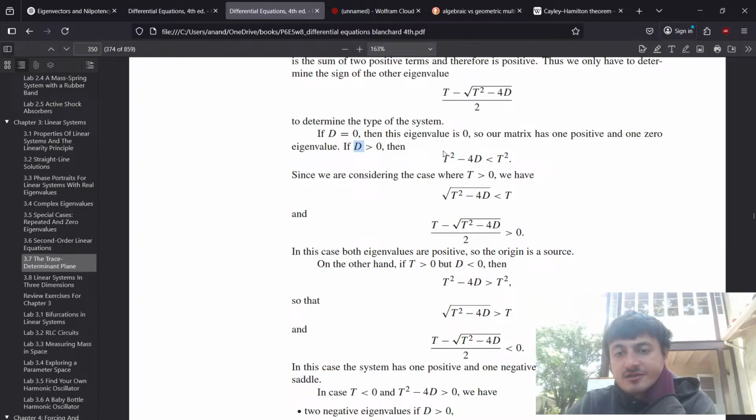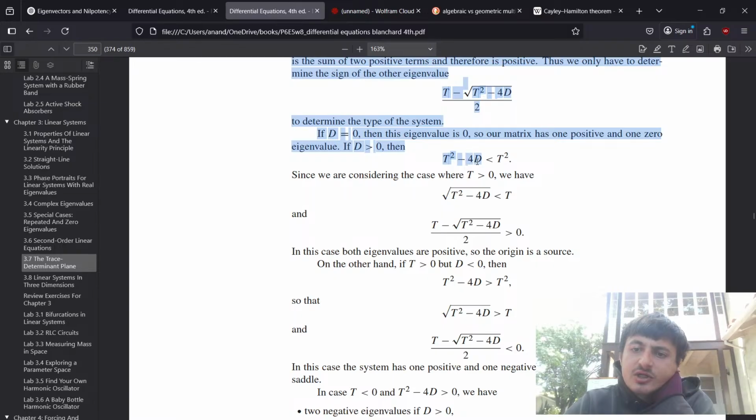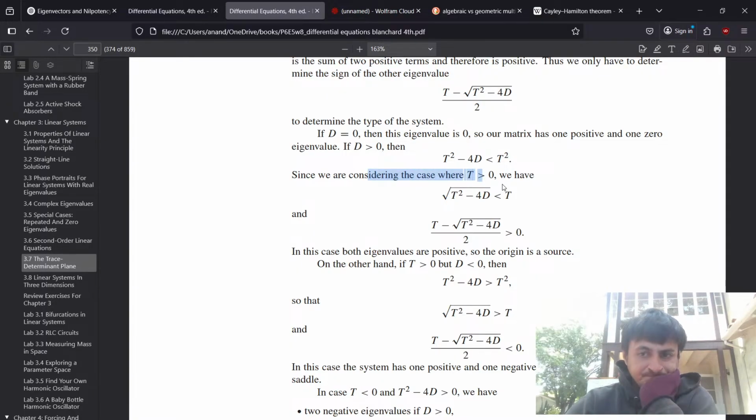If d is greater than 0, then t squared minus 4d is less than t squared. Since we are considering the case where t is greater than 0, then we have a source.